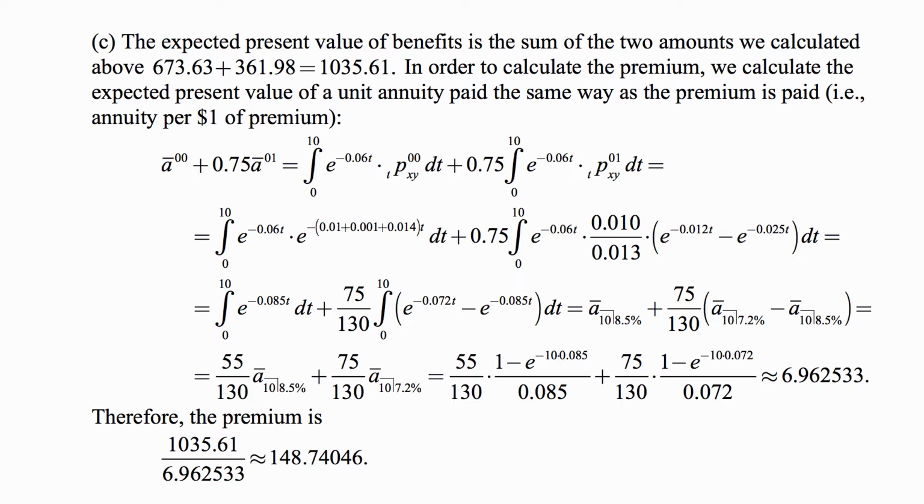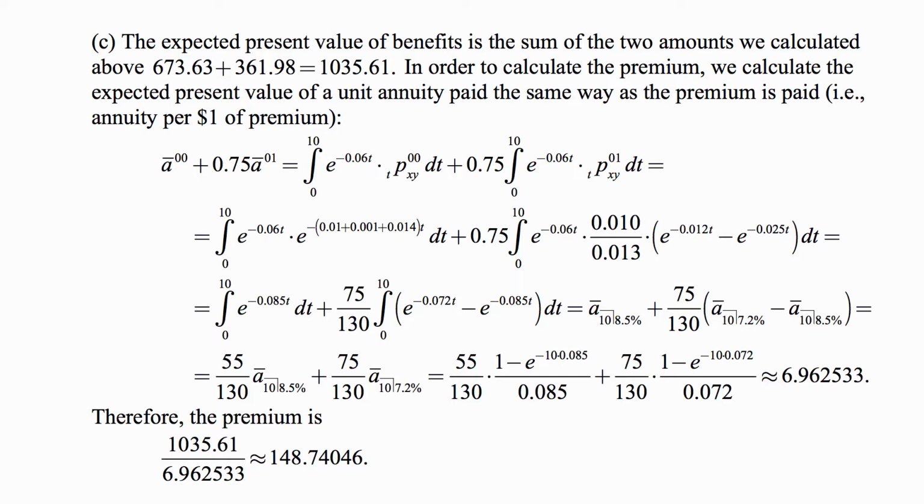Well, we know these probabilities, we calculated them before, so we plug them in. The first integral becomes a bar angle 10 at 8.5%. The second integral is a difference of a bar angle 10 at 7.2% minus a bar angle 10 at 8.5%, then it has a factor of 75 over 130.